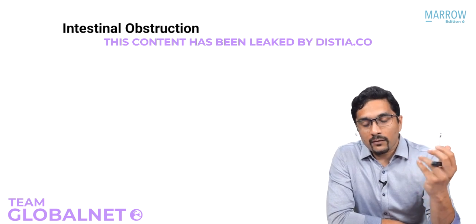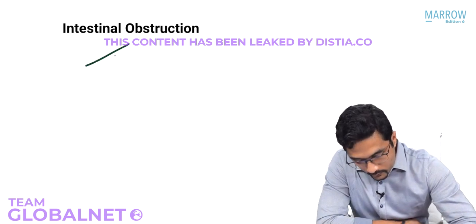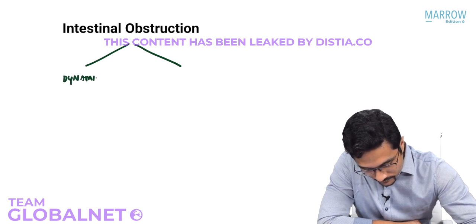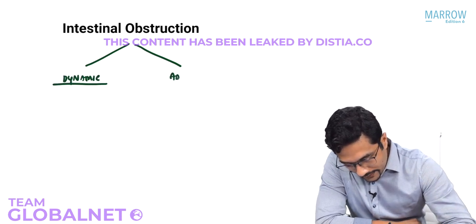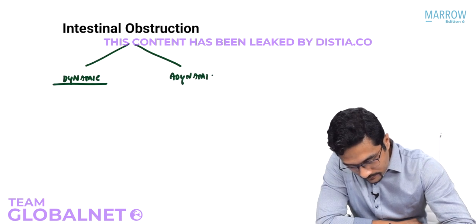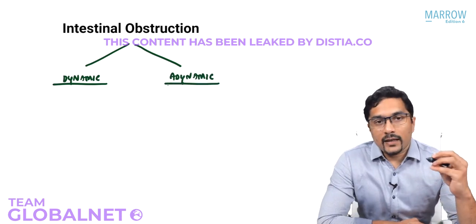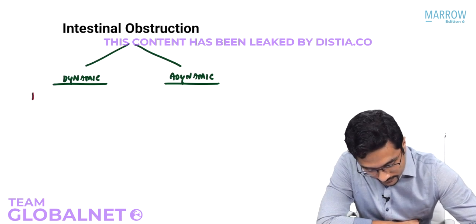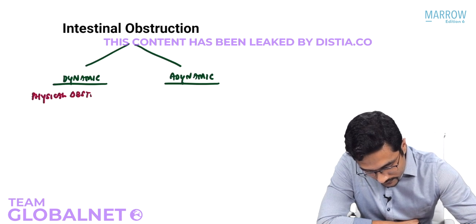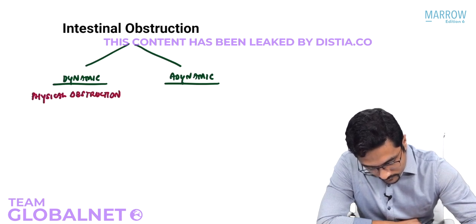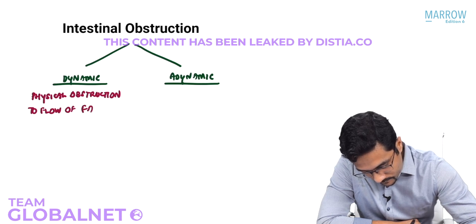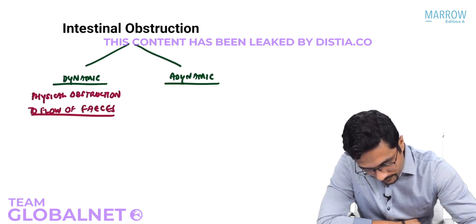Now, the bowel can become obstructed in two conditions. You can either have a dynamic bowel obstruction, or there can be an adynamic bowel obstruction, right? So, dynamic and adynamic bowel obstruction. Dynamic bowel obstruction means that there is a physical obstruction to the flow of feces, right?